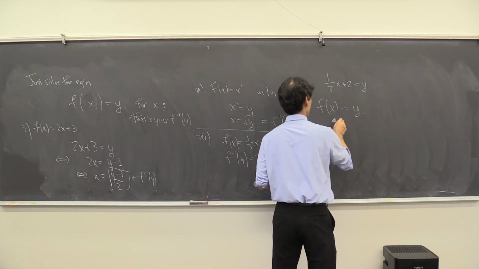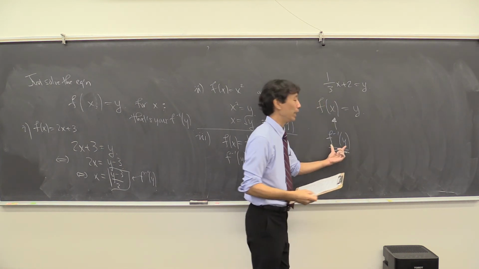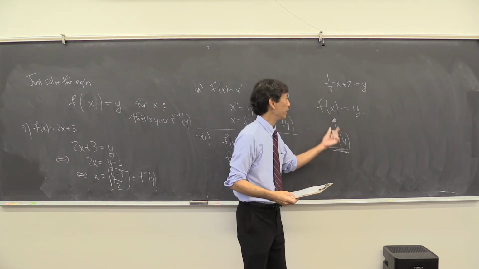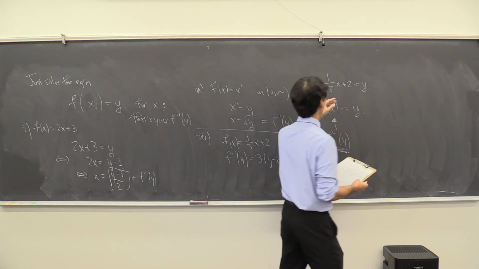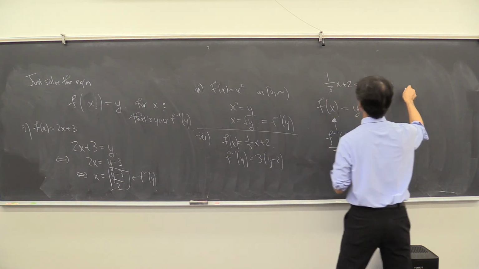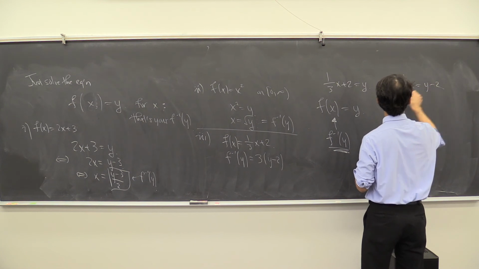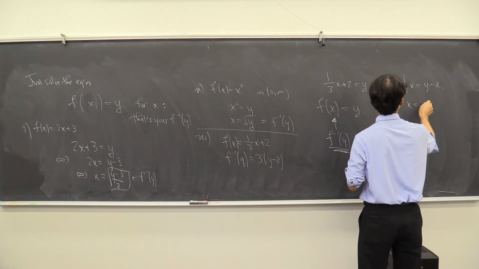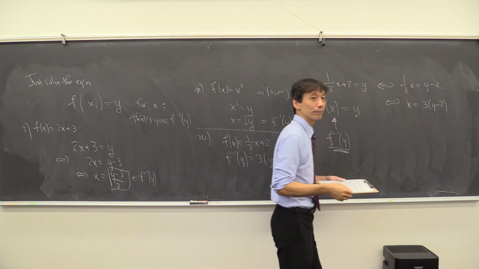I want f inverse of y. I want the thing that if I put it in here, I get y. So let's just solve this for x. You get 1/3 x equals y minus 2, and so x is 3 times the quantity y minus 2, or 3y minus 6.